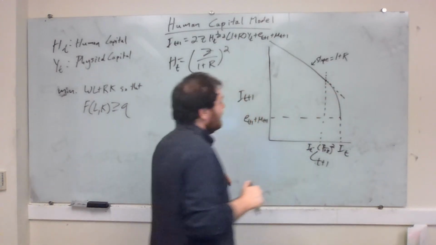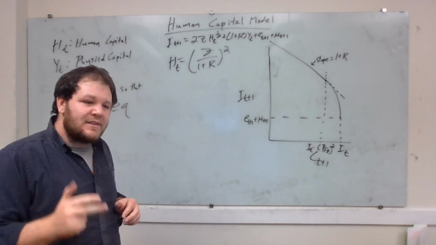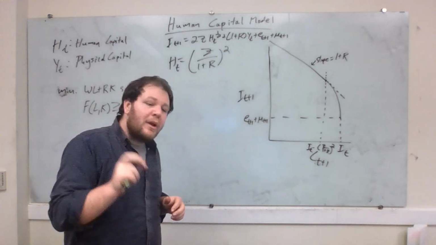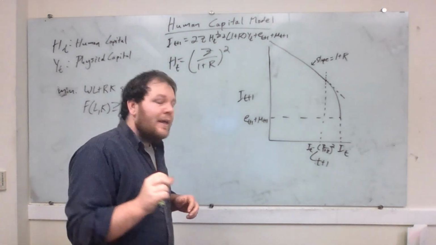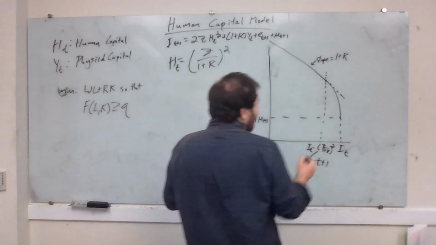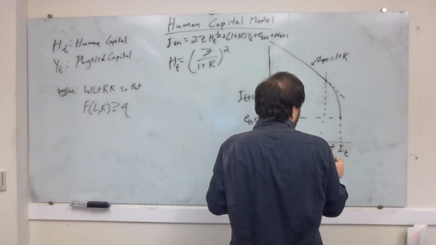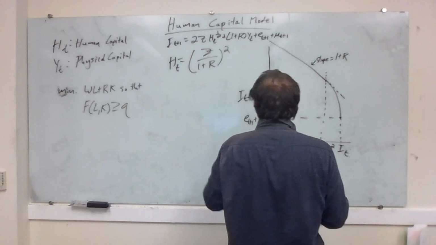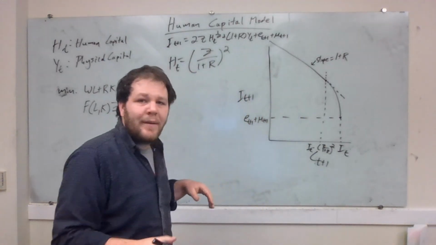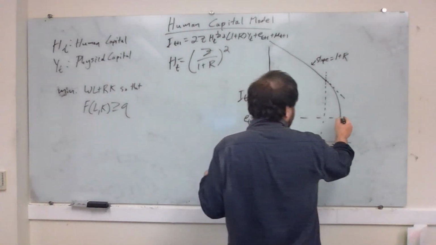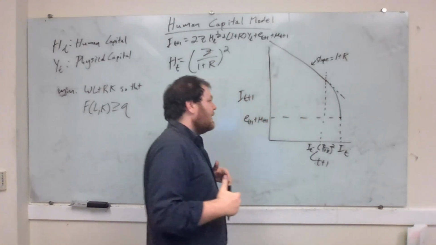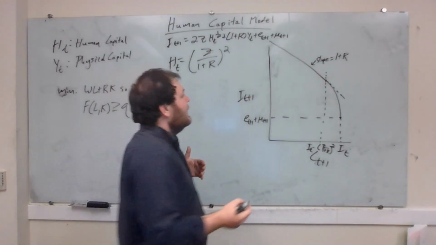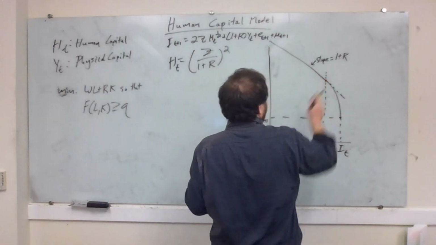And the important point about this is that this is going to give us a pretty important implication. That's going to be that the amount of consumption that a parent has to give up to increase their child's future income is going to be much, much less when the parent's investing very little than it's going to be once the parent's investing a lot.